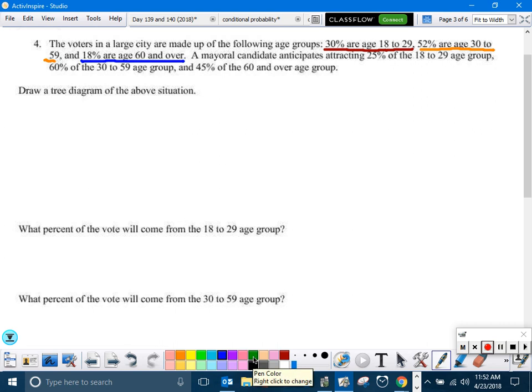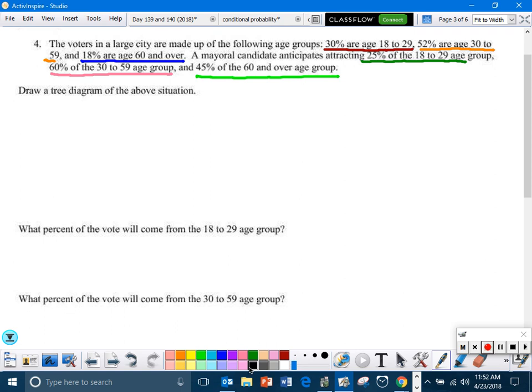Okay, then we have a mayoral candidate anticipates attracting 25% of this age group, 60% of this age group, and 45% of that age group.